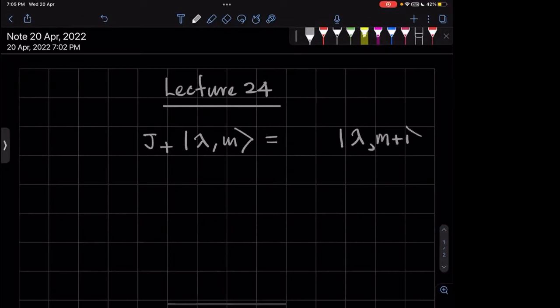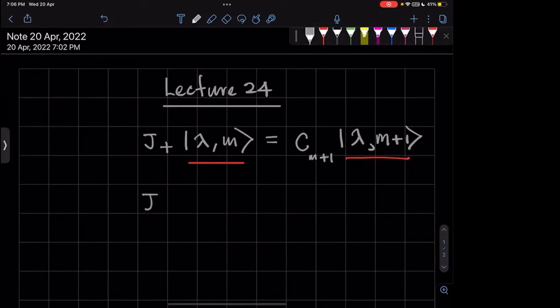We are assuming that all these states are normalized and different values of the J3 eigenvalues are orthogonal. But this implies that there should be a proportionality constant, and we shall see that, in fact, the proportionality constant has a very important role to play.